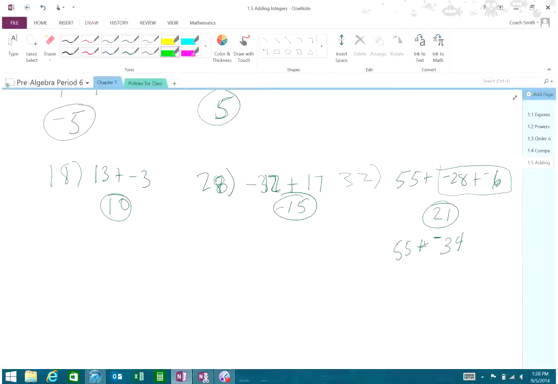Now we have a positive and a negative, so we take the absolute values of the two numbers. That's 55 minus 34, which is 21. And the larger absolute value is positive, so it's positive 21.